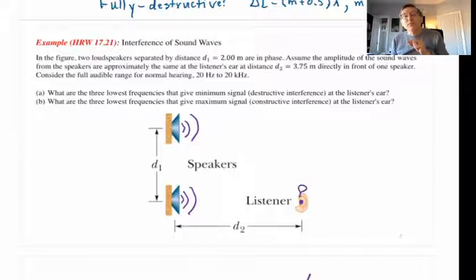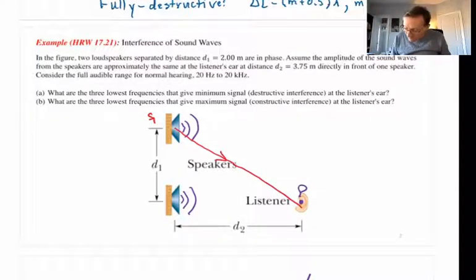So we know that waves are going to leave the top speaker, let's call that S1, and the straight line distance from S1 to our detector is right there. Let's call that L1. And we're going to have waves leaving the second speaker, that's the second source, let's call that S2.